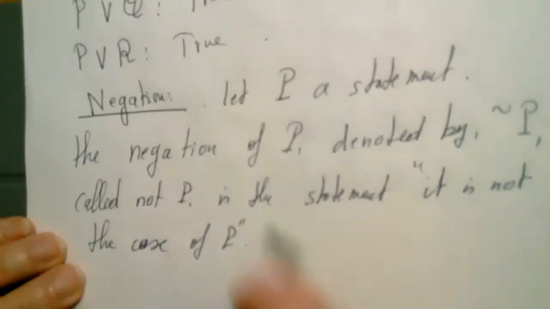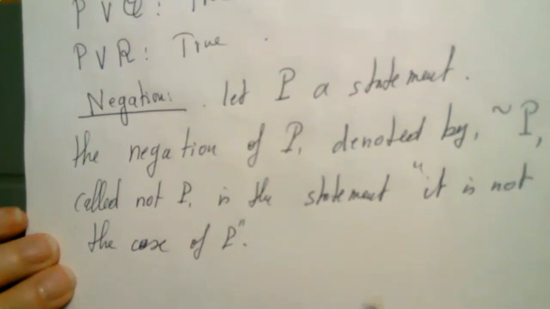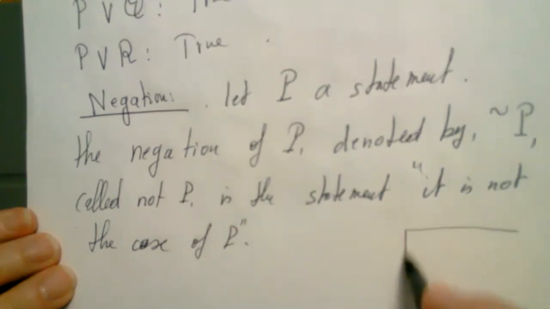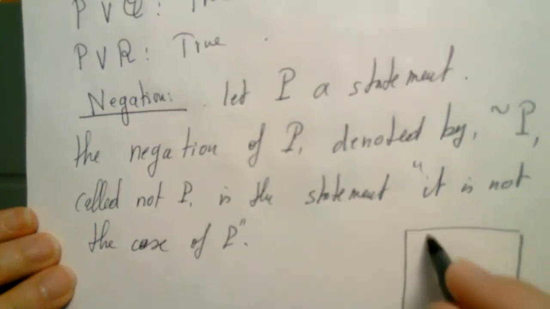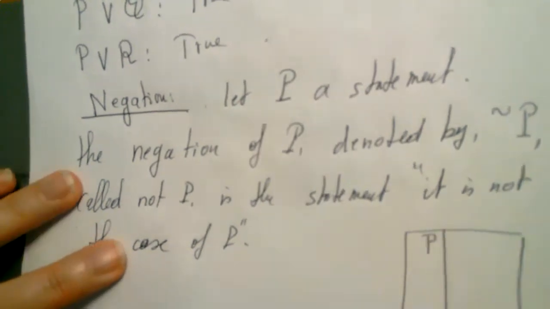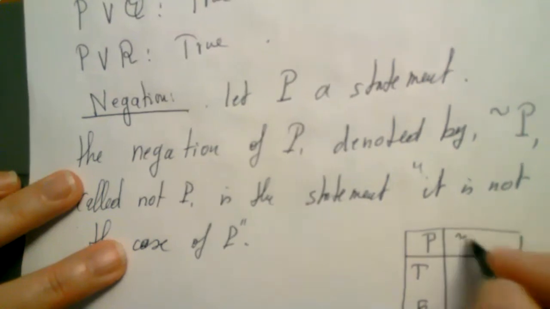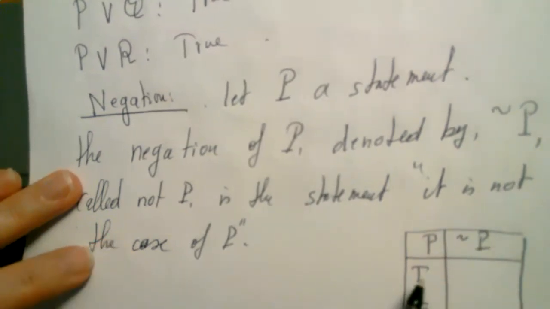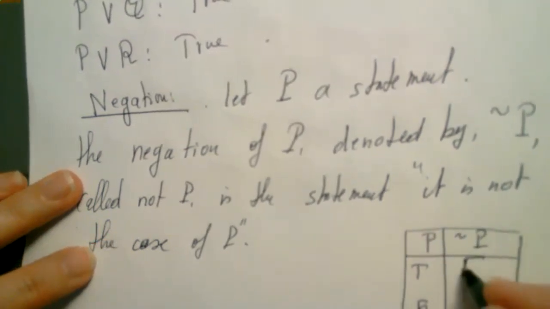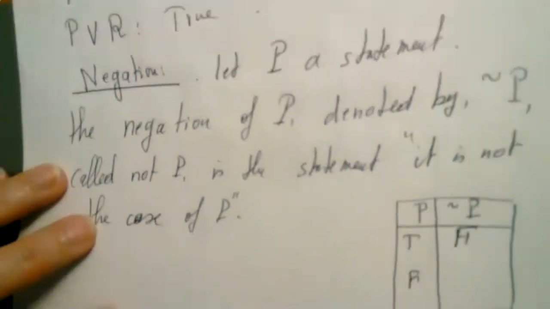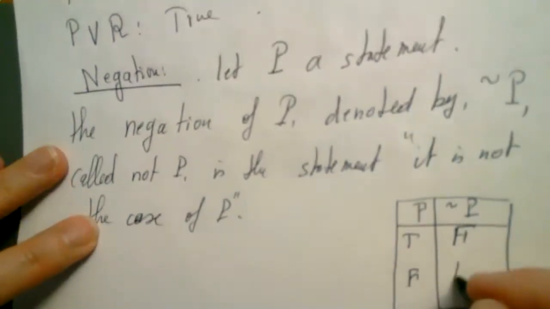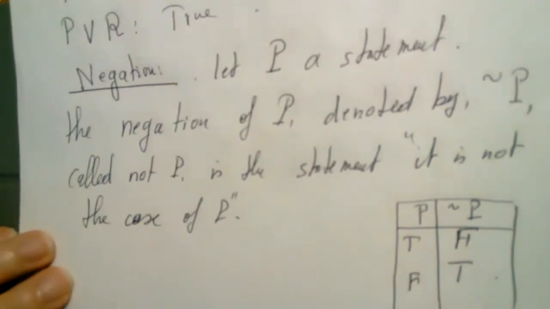So what's going to be its truth value? So this is P. It could be true or false. Not P will be, if P is true, everything that's not P. If P is false, it's going to be true.